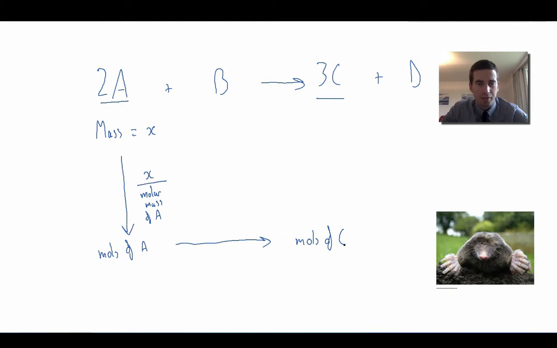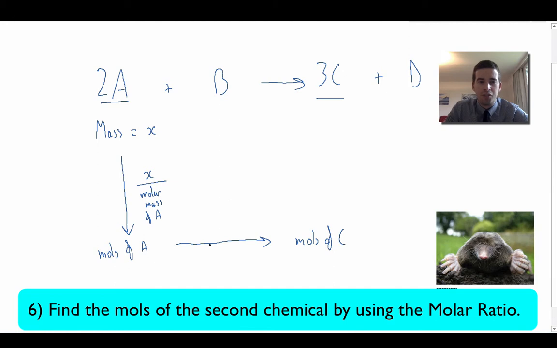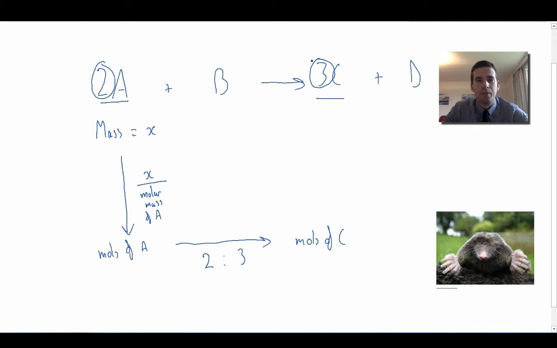Hopefully you will already have an idea, because we have looked at this in a previous video. You simply use the stoichiometry of the equation, the molar ratio. So in this instance, it's 2, because we have 2 here, to 3, because we have 3 here. So this is just simply a mathematical relationship, nice and easy.